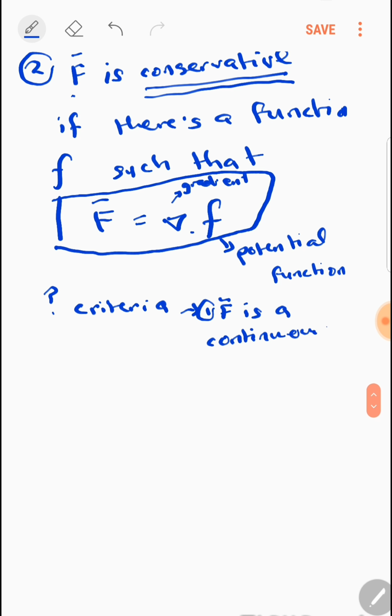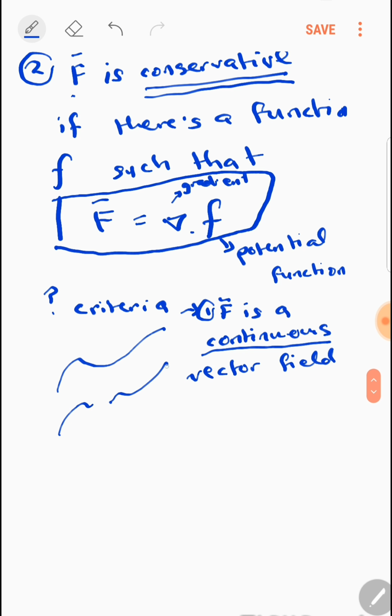I think this one is pretty much self-explanatory. You should know what continuous is by now. Your f is continuous, you do not have any break in between. So that's criteria number 1.